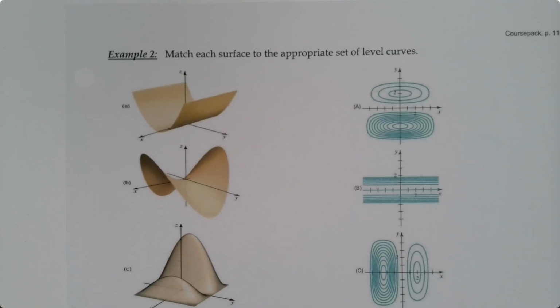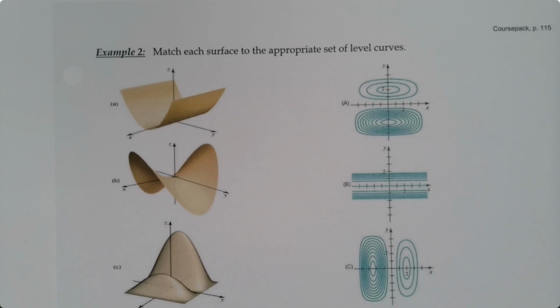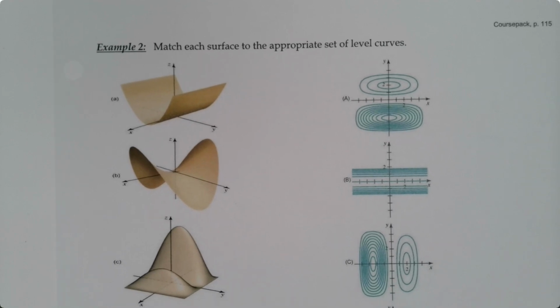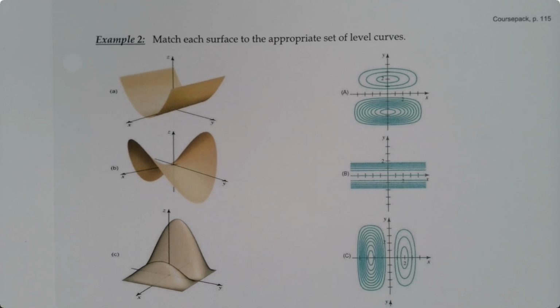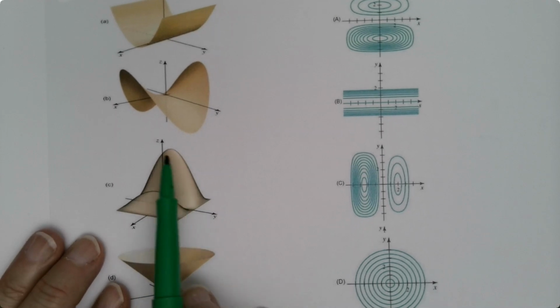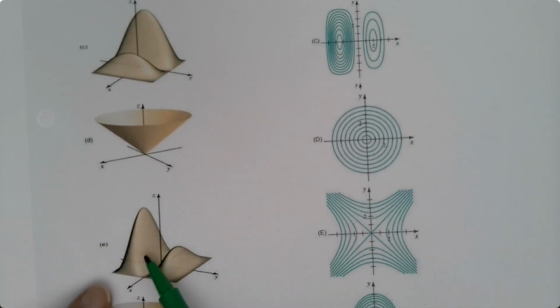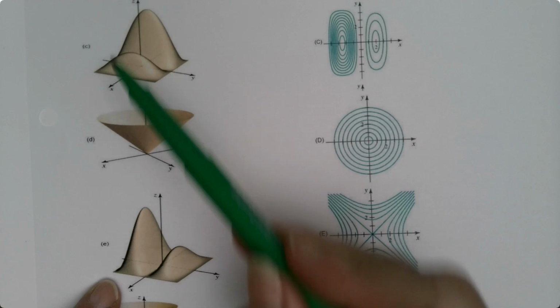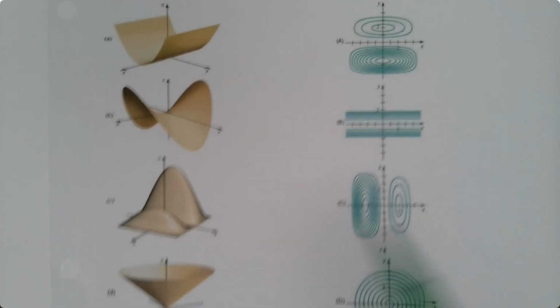Okay, so we're going to match each surface to the appropriate set of level curves. And you can kind of do this either direction. I think some of them are easier than others. For example, this one has a really steep piece and a really shallow piece. And so does this one, right? So those are going to be either A or C. It's just a question of which one's which.